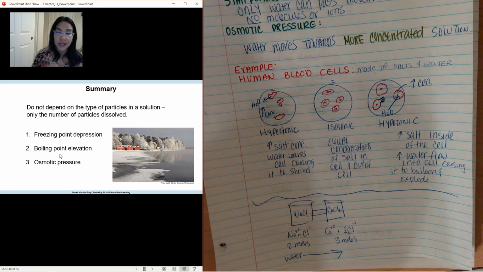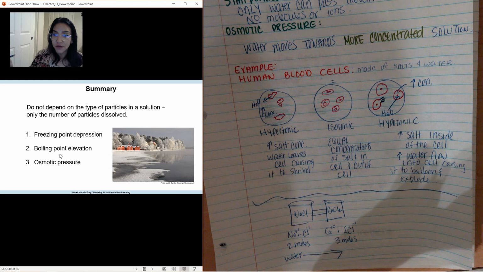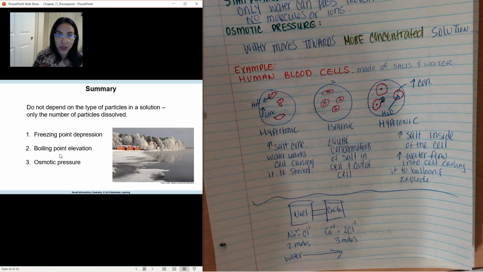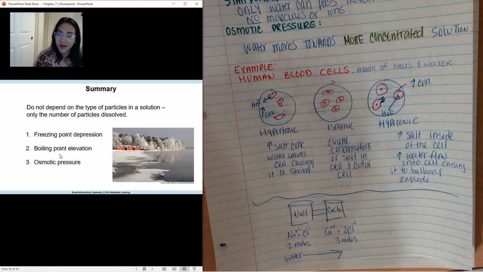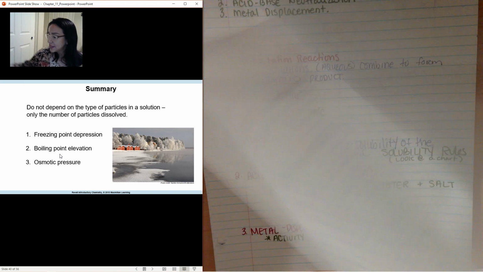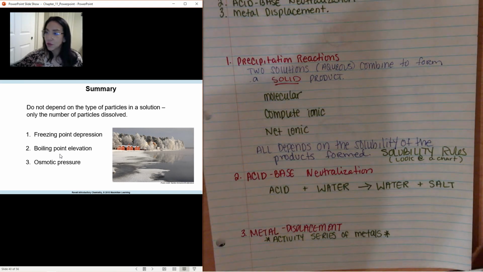The one that has the most increases the boiling point, decreases the freezing point, and increases the water flow going towards it. The more particles creates more electricity, more ions, all that great stuff. All right, so that ends the osmotic pressure one.